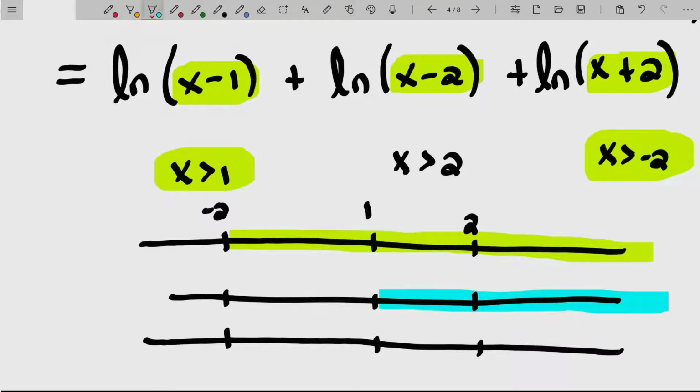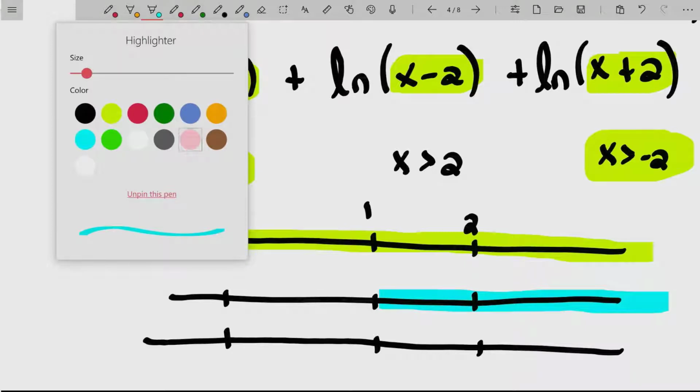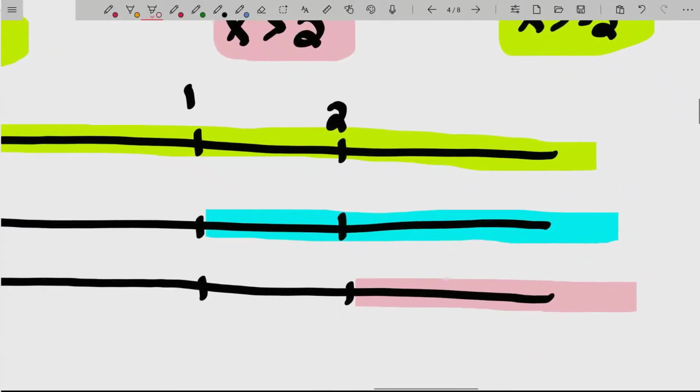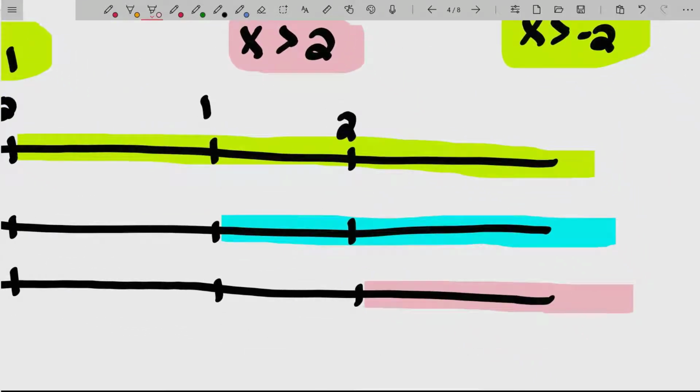And at the very same time, we need x to be greater than +2. So we need x to be only in that group. So our x values have to satisfy all 3 of those highlights simultaneously. And there's only one area that simultaneously satisfies all those highlighted regions.